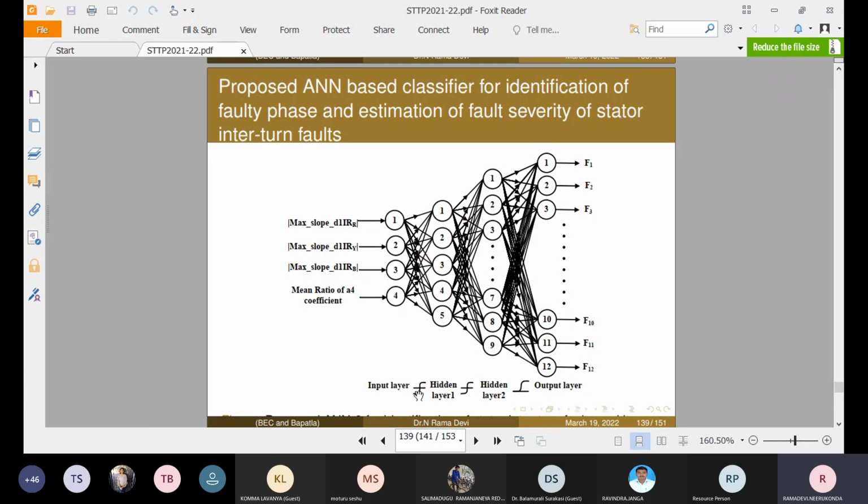Here also we take a two-layer feed-forward neural network for the input patterns: the absolute maximum slope of detail level coefficients of R phase, Y phase, B phase, and the mean ratio of A4 approximate coefficients.